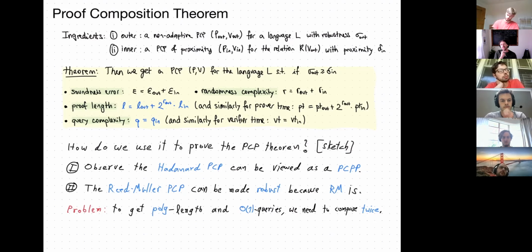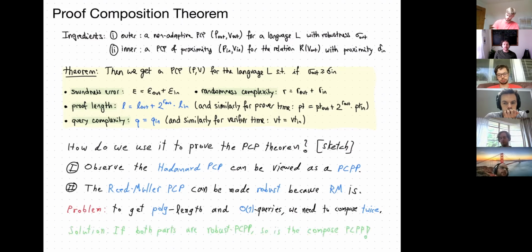And the problem is that we started with a robust PCP as the outer PCP, and then the inner PCP was a PCP of proximity. And so it's not clear whether we're preserving robustness or whether we preserve proximity, and things of this sort.